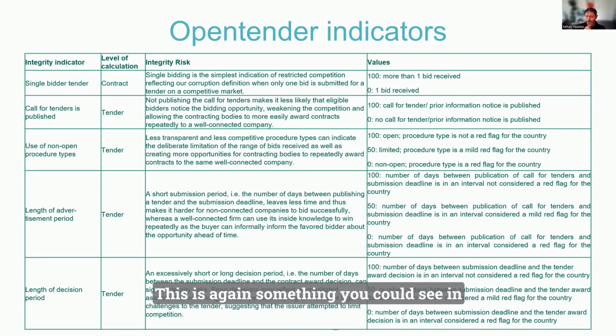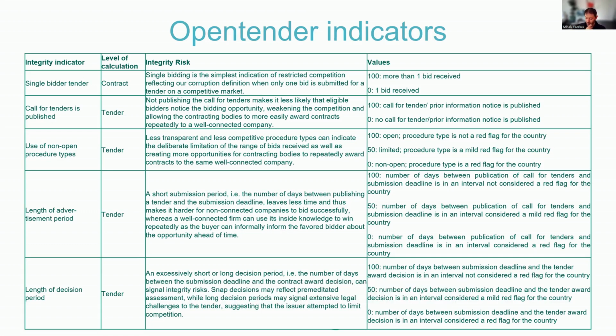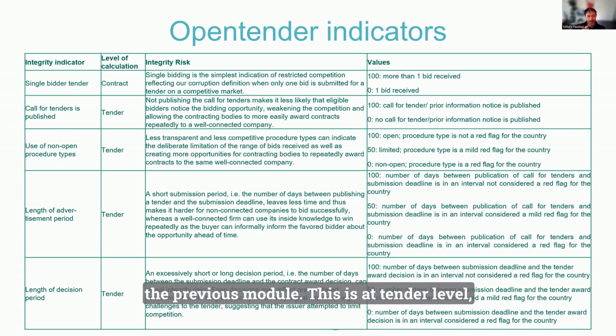We have call for tenders publication. This is again something you could see in the previous module. This is a tender level indicator, whether the tender was advertised or not. We can look at procedure types, whether it was sole sourcing or direct award versus open advertisement. Here we have 3 categories. Open procedure is not a red flag, it's high integrity.